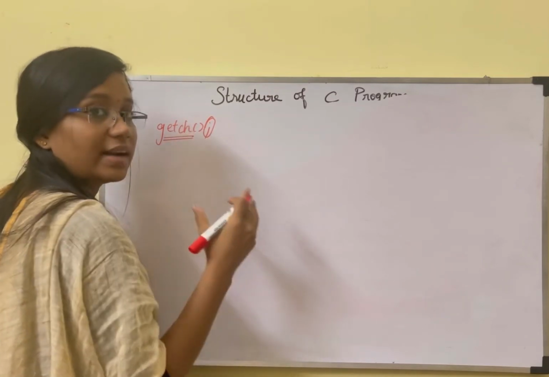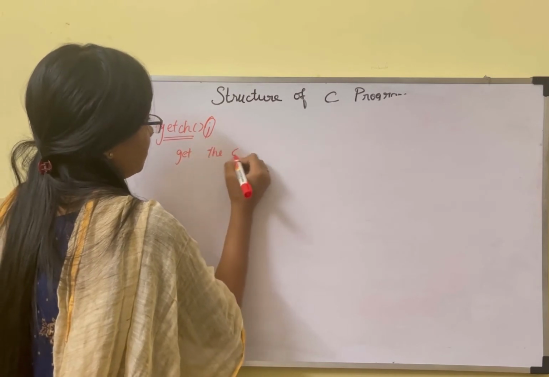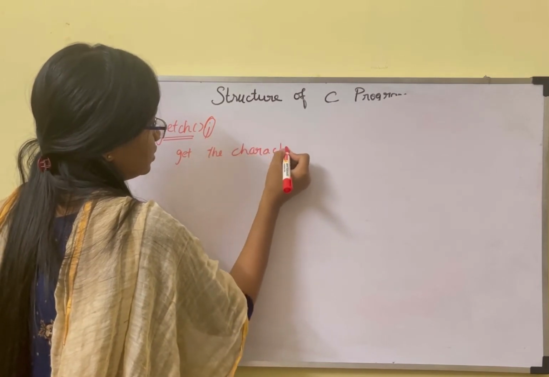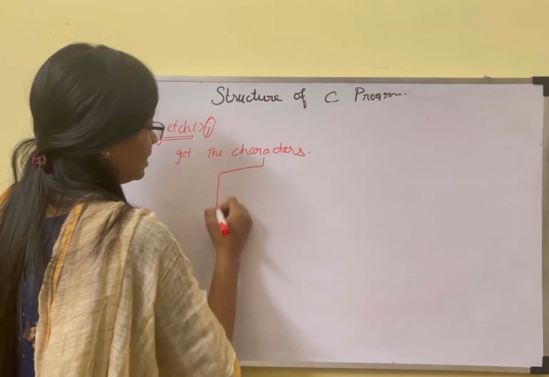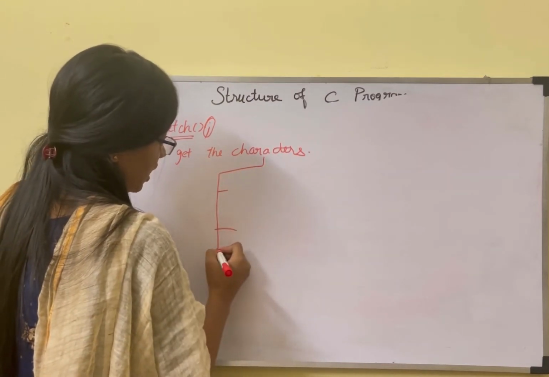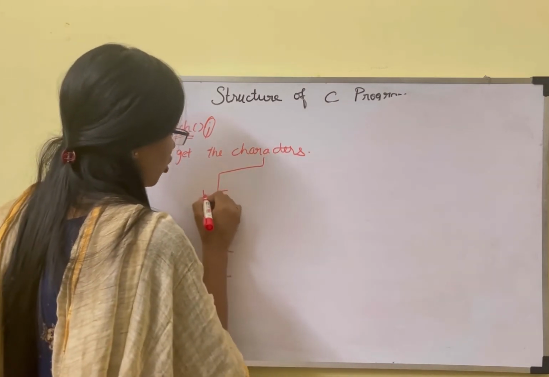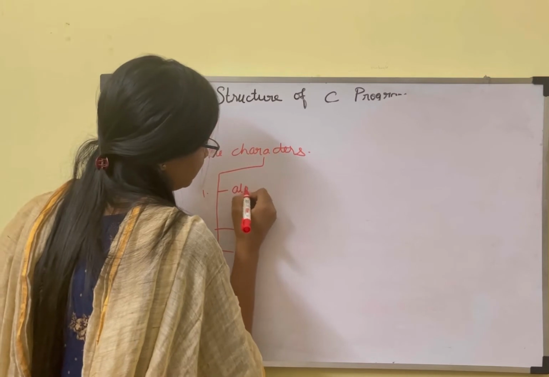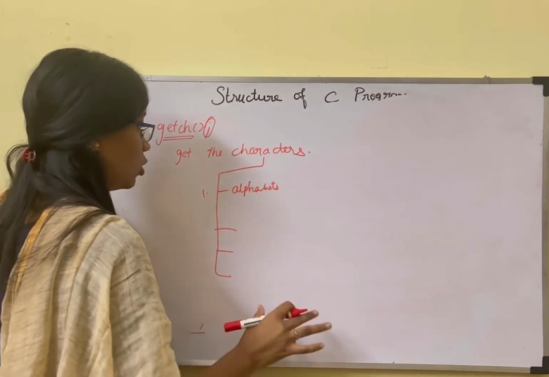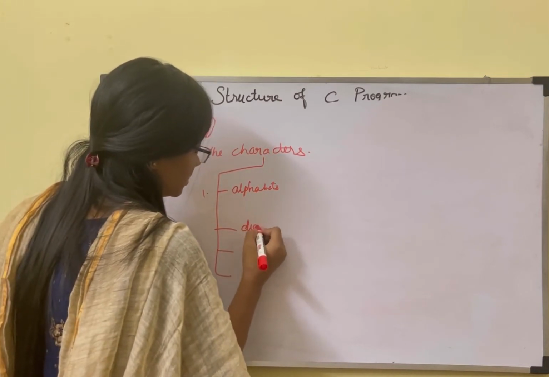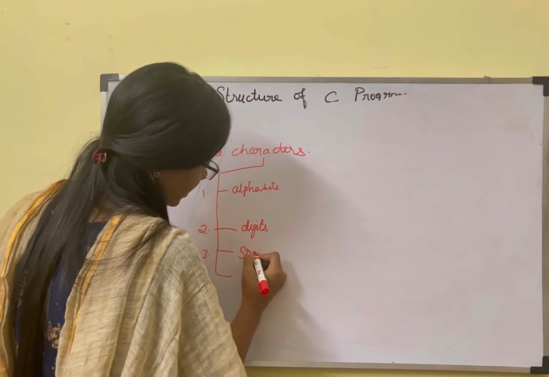Get the characters used in the program. Okay, actually what does character mean in C program, C and other programming languages? Characters means it is of 4 types. Alphabets, both uppercase and lowercase, then digits, then special characters.